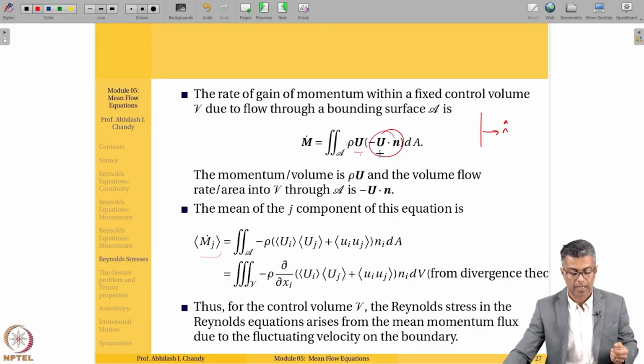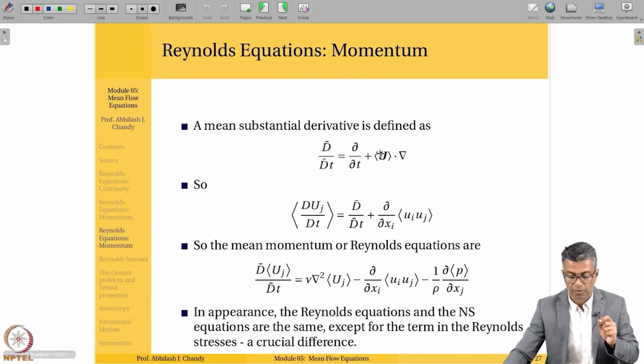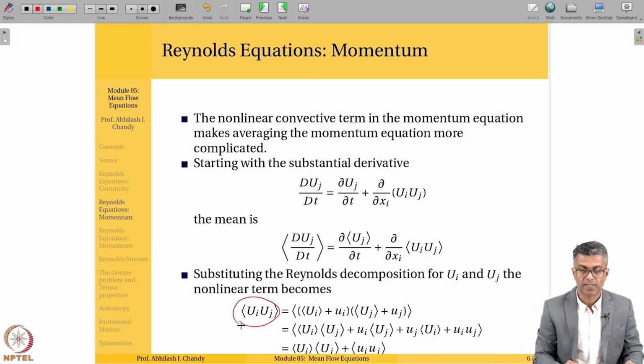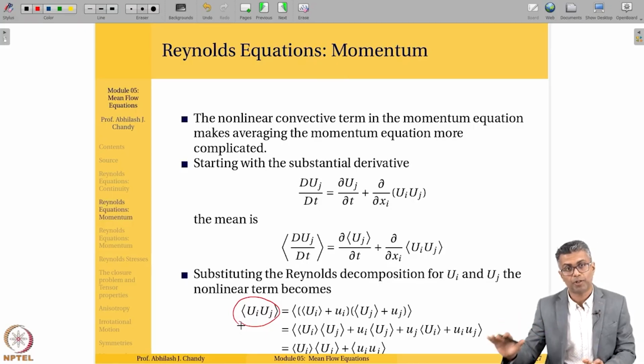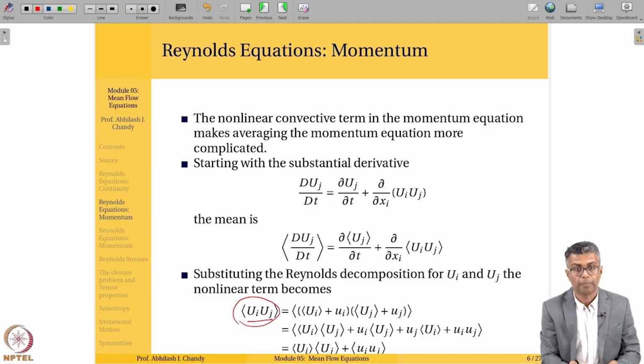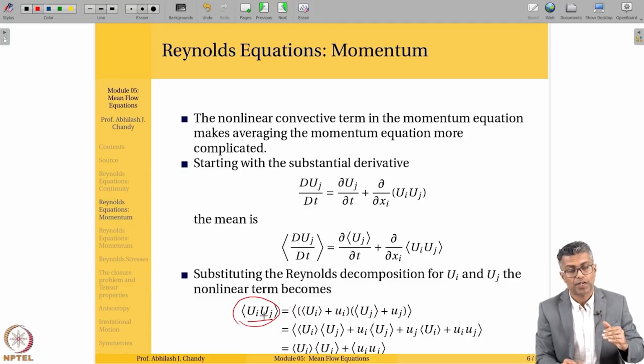I want to refresh your memory, we did something similar when we took the ui uj mean, and that's exactly what you have in the momentum flux. When you ask what is the rate of gain of momentum, that is u times u dot n. In index notation, that is ui uj, which is this term here. And when we did the Reynolds decomposition of that and averaged it out, what we got is ui mean uj mean, plus in terms of the fluctuating velocity, ui uj mean.